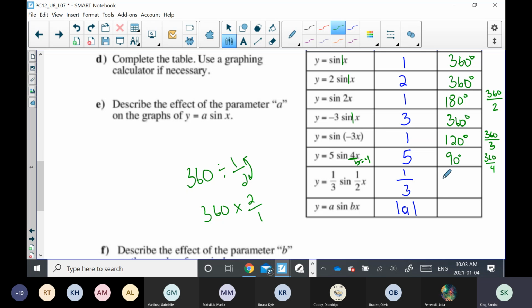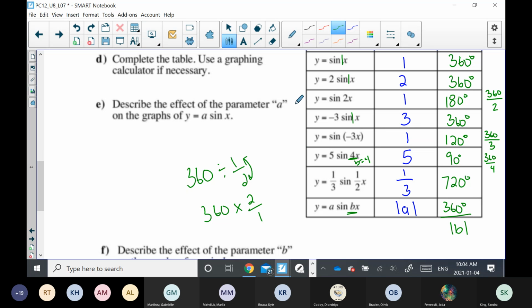So this guy would have a period of 720 degrees. And this guy is going to have a period of 360 degrees divided by the absolute value of B. So in order to figure out period, this is your formula: 360 divided by the absolute value of B, okay?